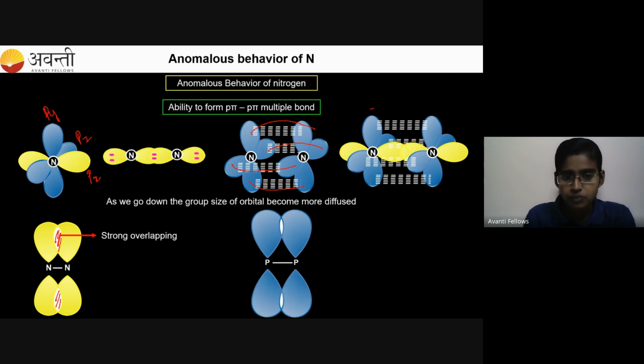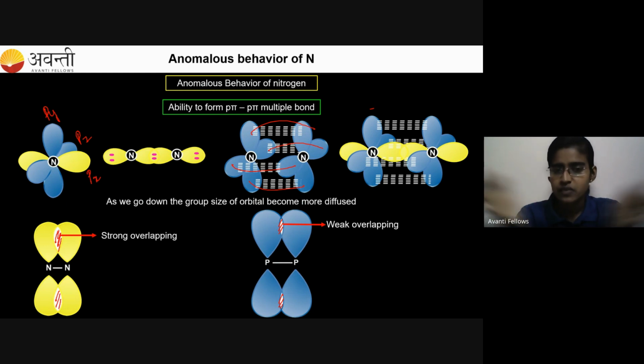But in the case of phosphorus, because of the more diffused p orbital, the overlapping area is very less. If the overlapping area is very less, then the interaction is very less. It means weak overlapping. Got it? So nitrogen can form p pi multiple bond in which the multiple bond is very strong. Pi bond is very strong compared to the sigma bond in the case of nitrogen. Got it?